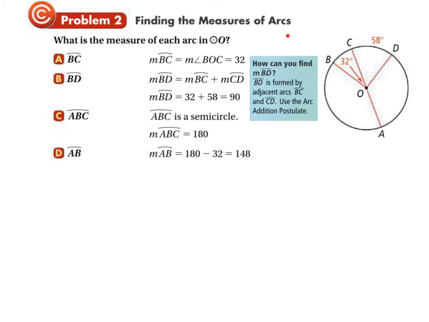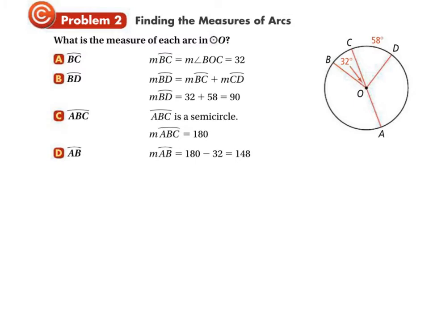So what we're doing now is finding the measures of arcs. Pretty straightforward, watch. First, let's look at this. How can you find the measure of BD? Well, that's formed by adjacent arcs BC and CD, so you can add them together, right? Arc addition postulate. Now, what is the measure of each arc? BC, that's easy. The measure of arc BC is equal to the measure of angle BOC, 32 degrees.